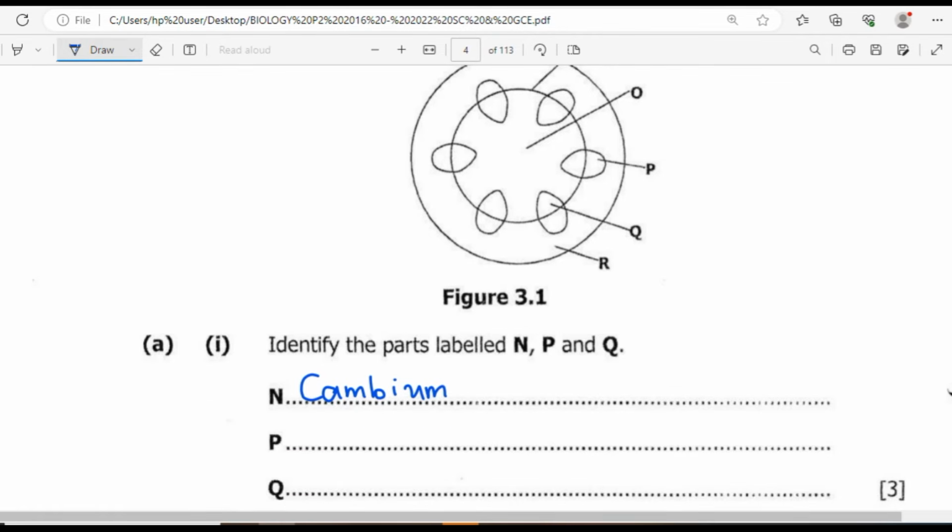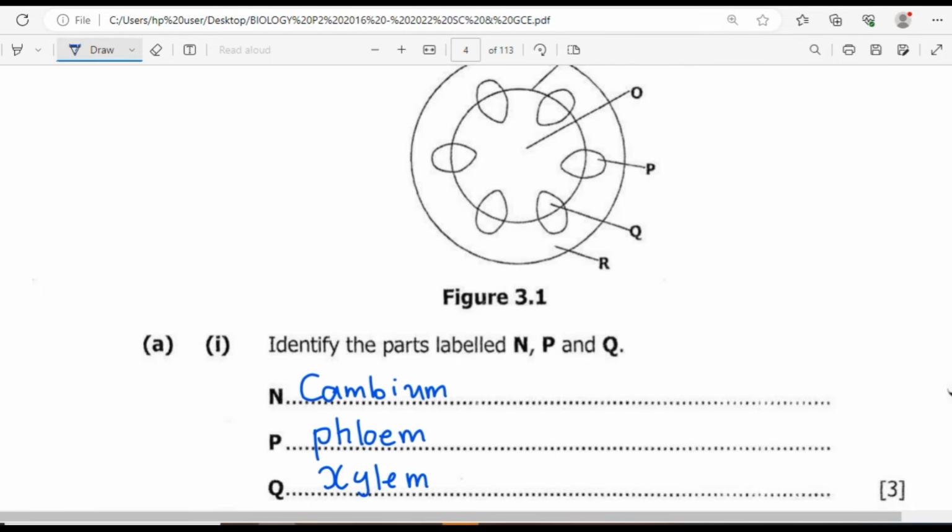Okay, then P. P, we have the phloem. Then Q, xylem. Now, you need also to look at something that can help you to differentiate the two in terms of location, phloem and xylem.